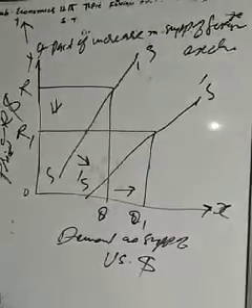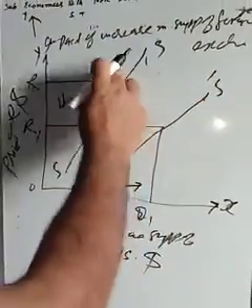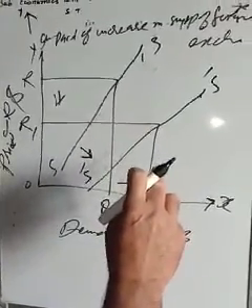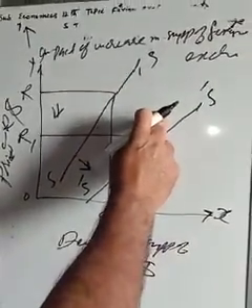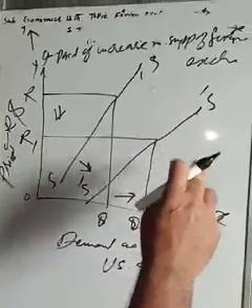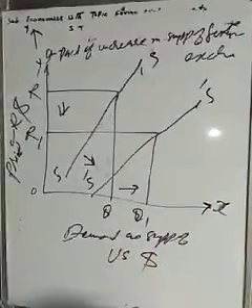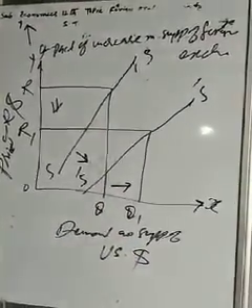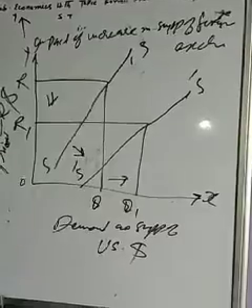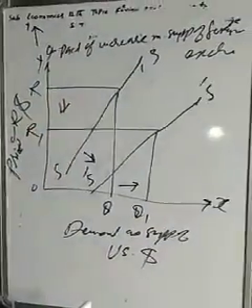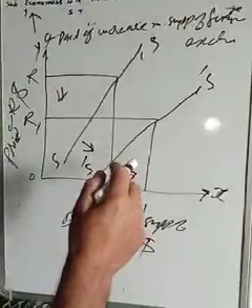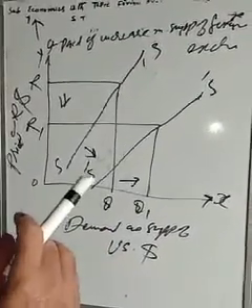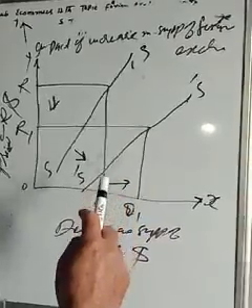Here SS is the initial supply curve of US dollar, and S dash is a forward shift in the supply curve of US dollar. Consequently, the price of the US dollar decreases from OR to OR1. It is a situation of a fall in the exchange rate. The dollar is depreciating while the rupee is appreciating.